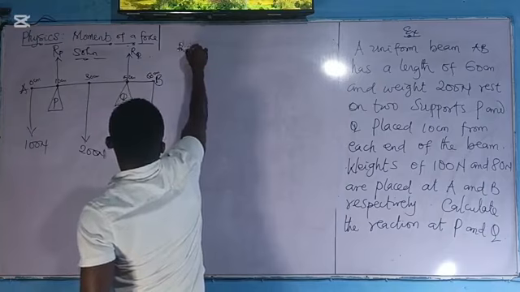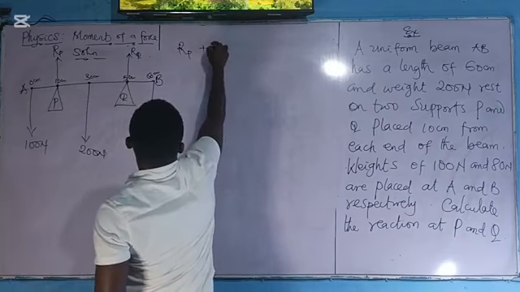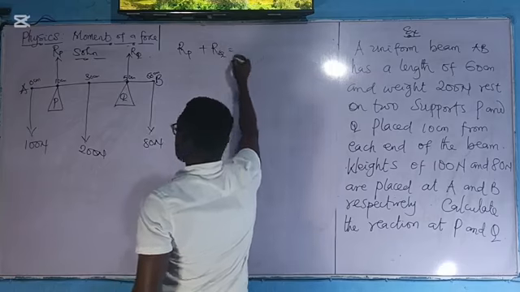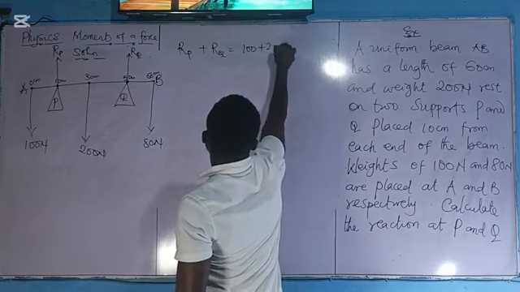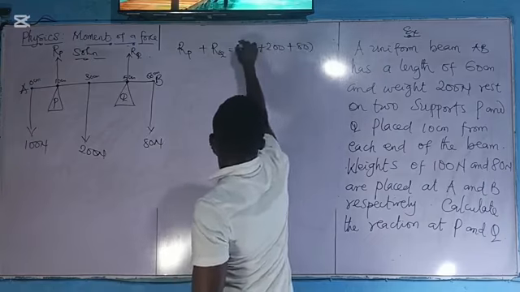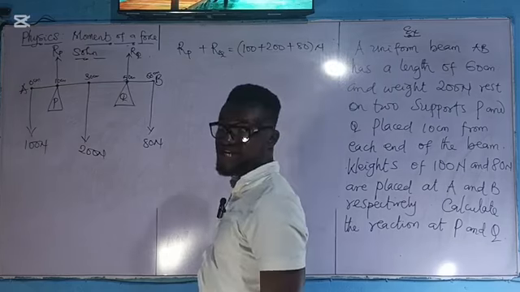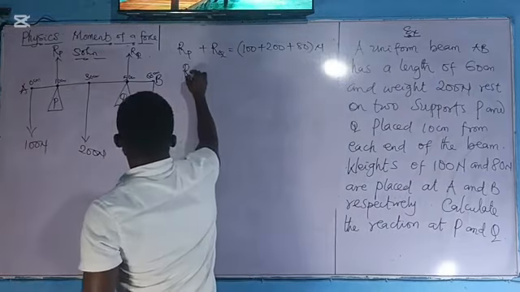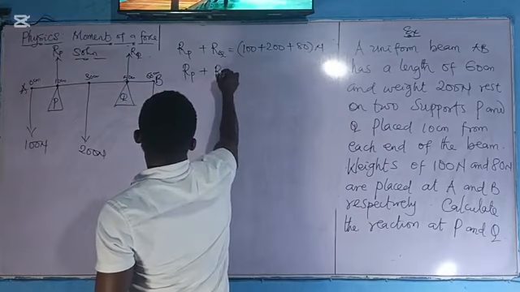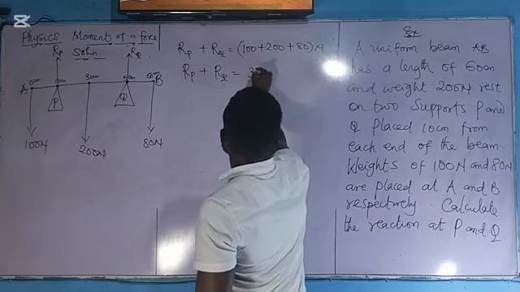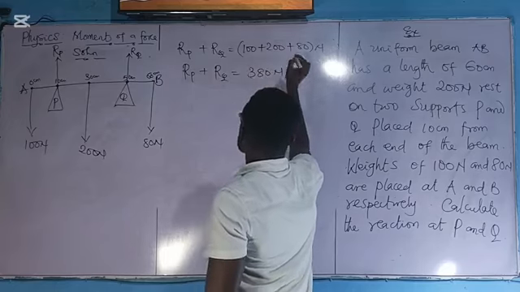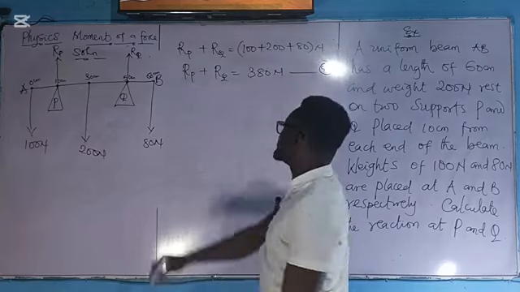So we have RP plus RQ must be equal to 100 plus 200 plus 80 Newton. Okay? So here we have RP plus RQ. If you sum it up, it will give what? 380 Newton. Maybe you call this equation 1.